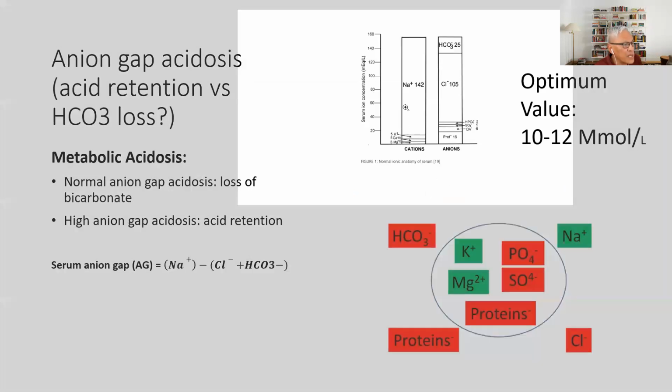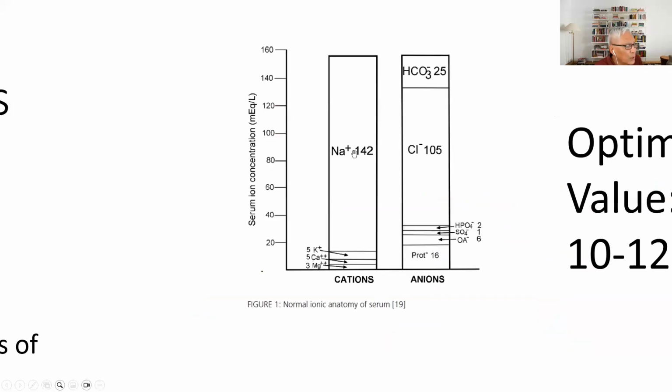And if you could see, would you add all the cations over here? 142 plus 5 plus 5 plus 3. How much is that? What's the total of the cations in our body? Very good. It's 155, isn't it? Okay. So look at the right side of the slide. That's the anions, the negatively charged.